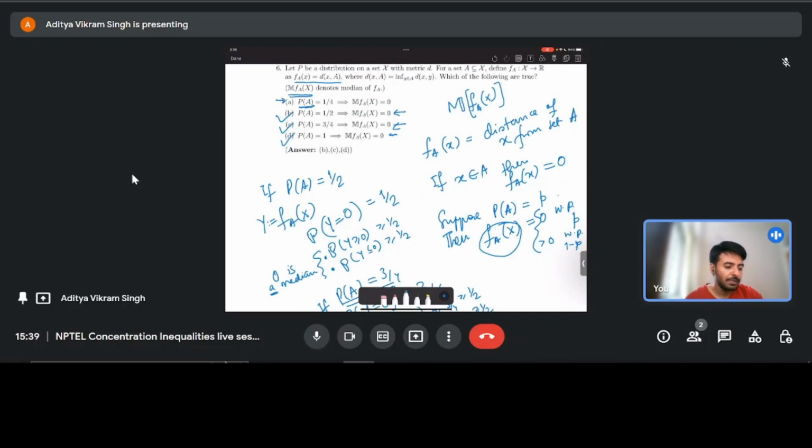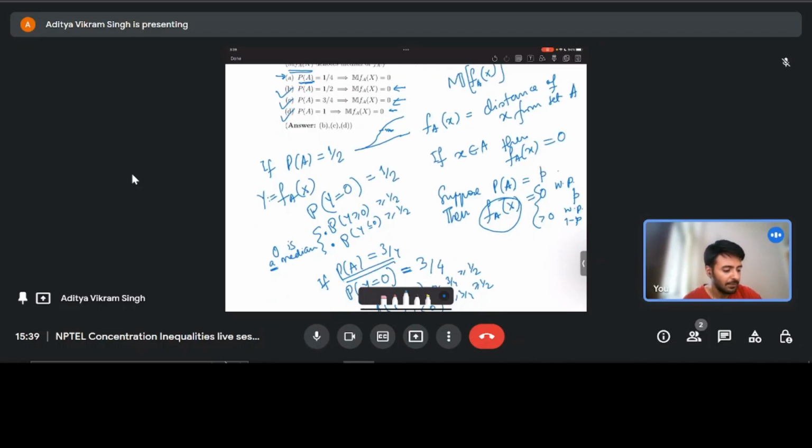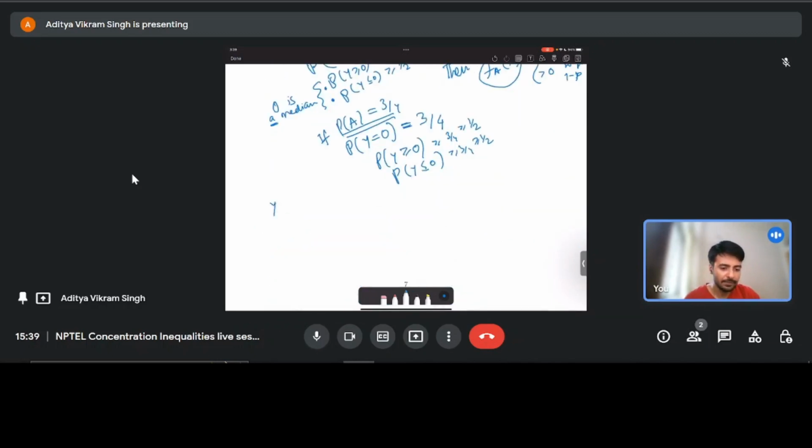Median, in terms of CDF, if this is the CDF of a probability distribution, you want to see where it crosses half, right? So what is happening is that Y is a random variable, which is the distance between X and a.